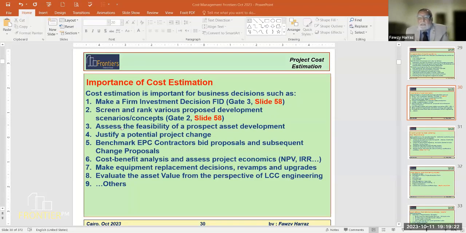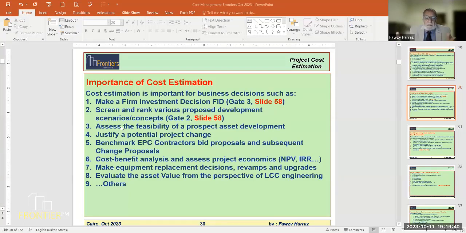After that, we go into concept definition, which is the basic design or the FEED package. At the end of the FEED package, we have the so-called Gate 3, in which the management makes a decision to authorize the full investment of the facility.